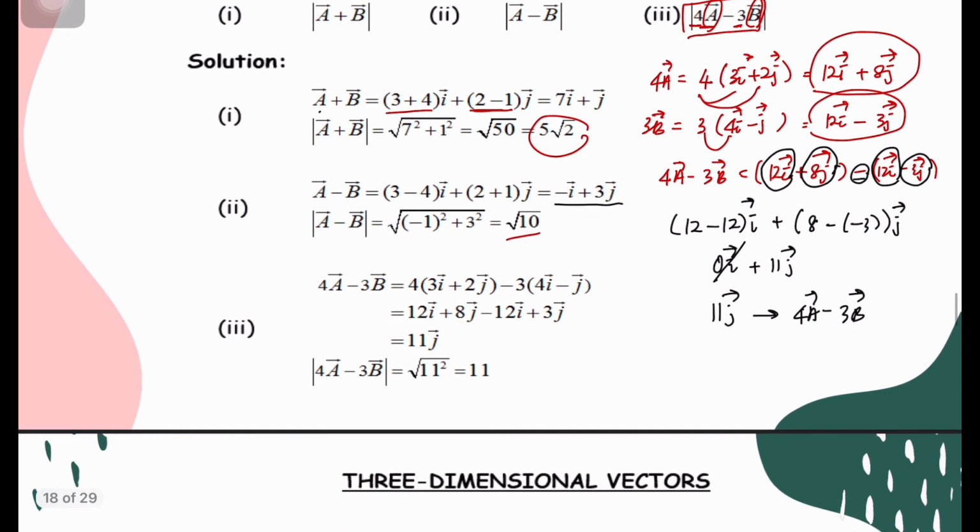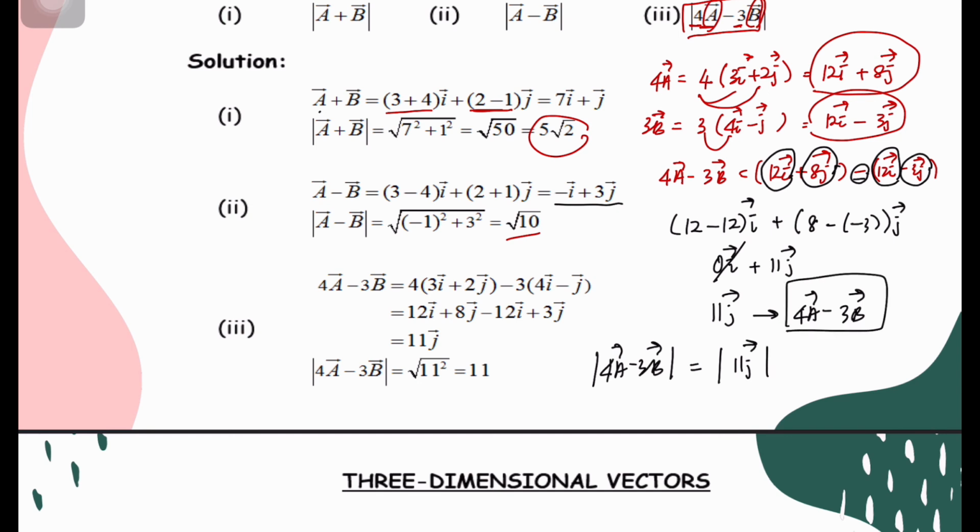Now you want to find the magnitude of 4a minus 3b, so you need to use the formula square root of x squared plus y squared. To find the magnitude of 4a minus 3b, you need to find the magnitude of 11j, because 11j is your 4a minus 3b.